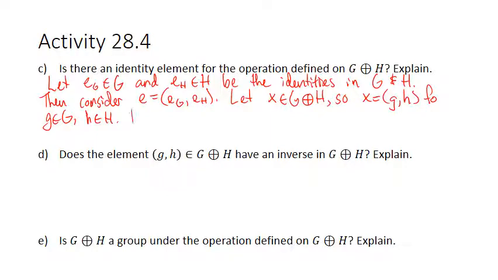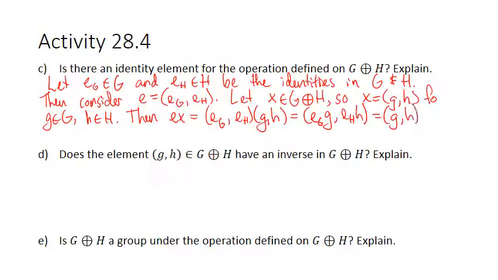Okay, then what happens when we multiply E times x? We're going to get (e_G, e_H) times (g, h). So that is going to just be (g, h), or I can do an intermediary step here to make you feel more comfortable: e_G times g and then e_H times h, and that'll just be (g, h).